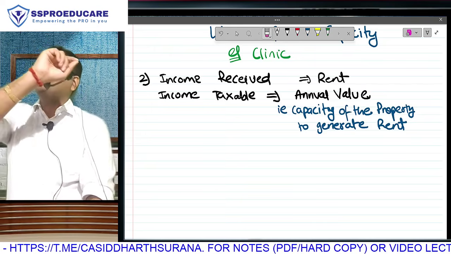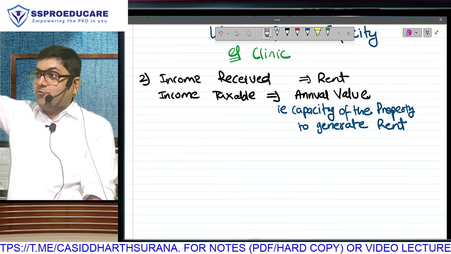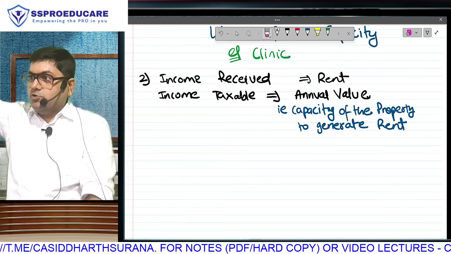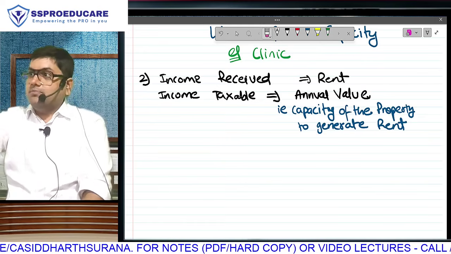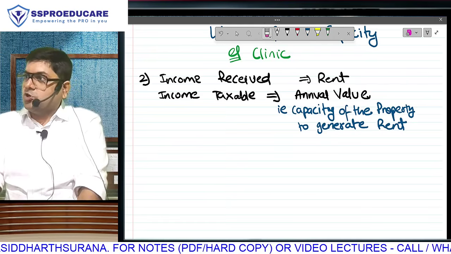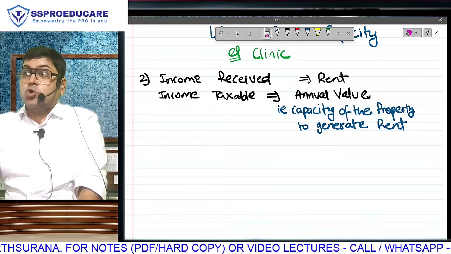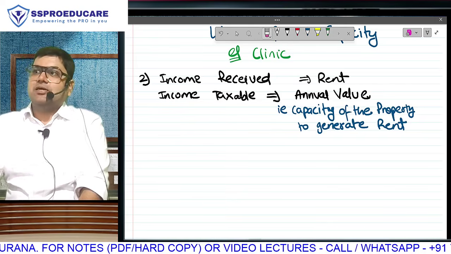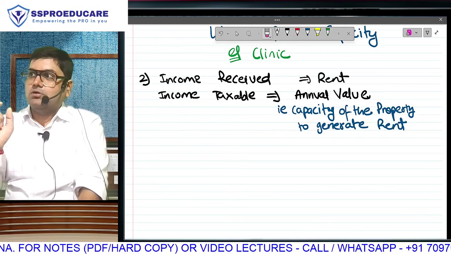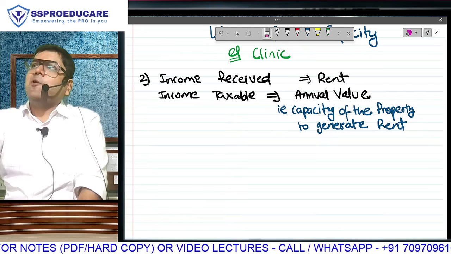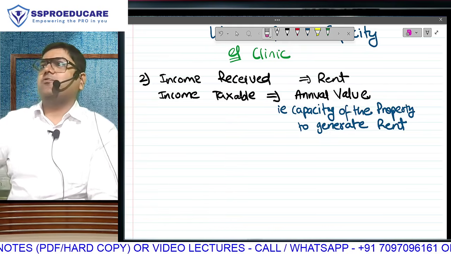Listen, when the calculation of house property starts, the first point is annual value, because annual value is income. Against the income there will be some expenses also. The principle of income tax is always to tax the net amount, so gross receipts can't be taxed. Like against sales there is purchase, so profit is taxable, no? So the first step of house property calculation is determination of annual value.